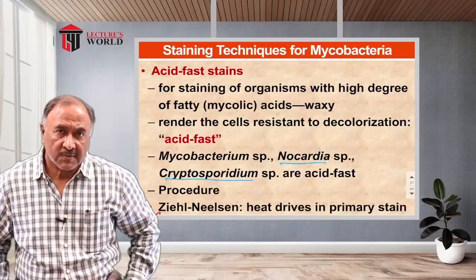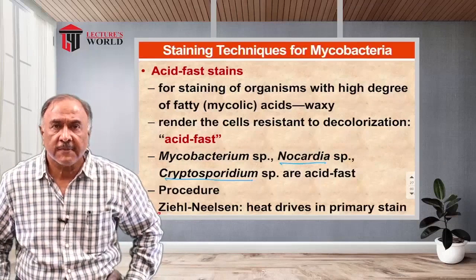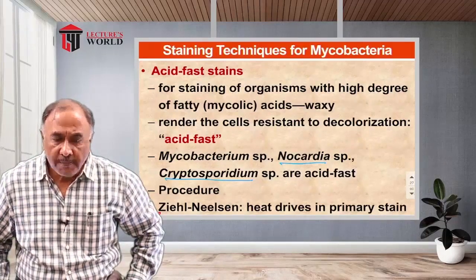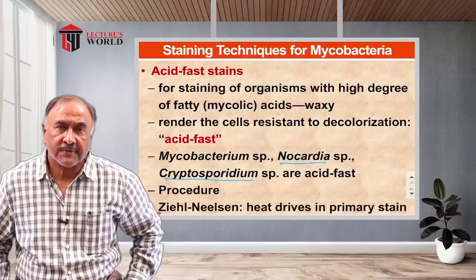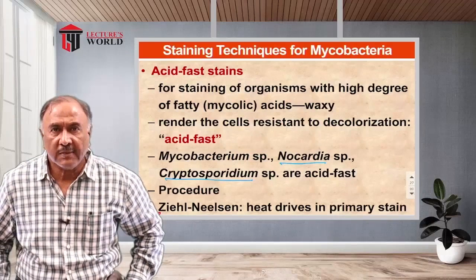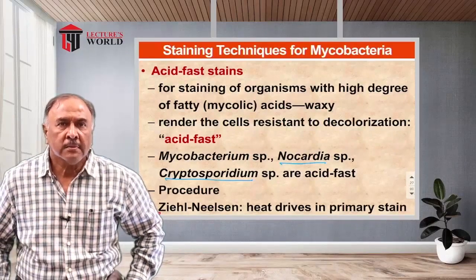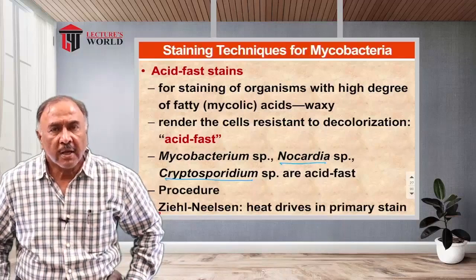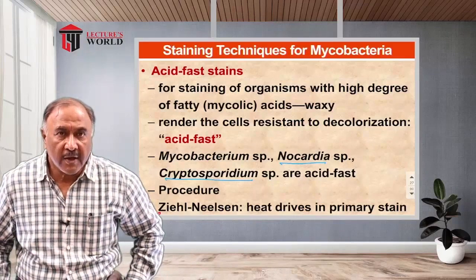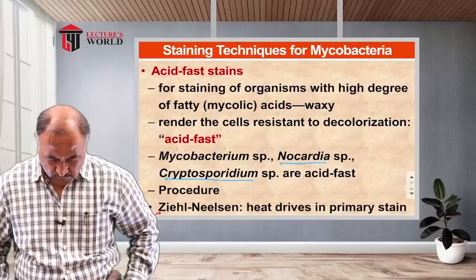Once the organisms are stained, because their cell wall has lipid content, that is mycolic acids, they would not lose the primary stain, that is ZNCF, even when harshly decolorized by acid or alcohols. And that is why the name is acid-fast procedures.